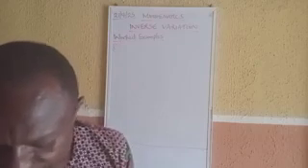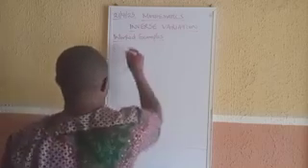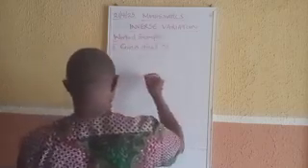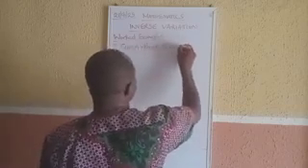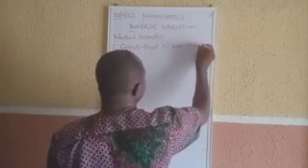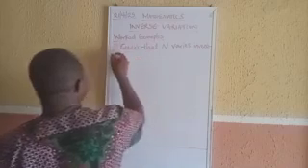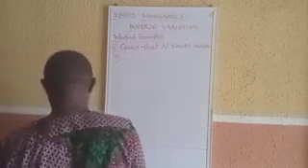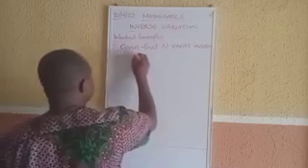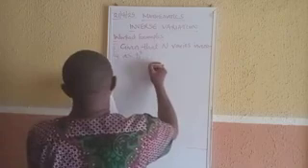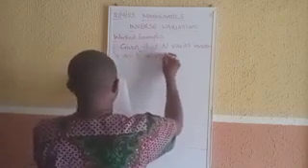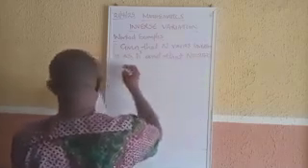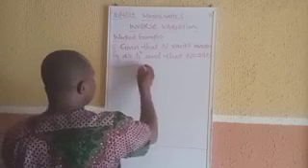Number one, given that n varies inversely as d raised to the power 3, and that n equals 240 when d equals 3.